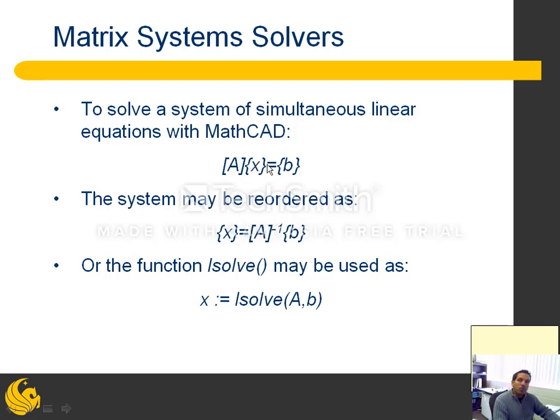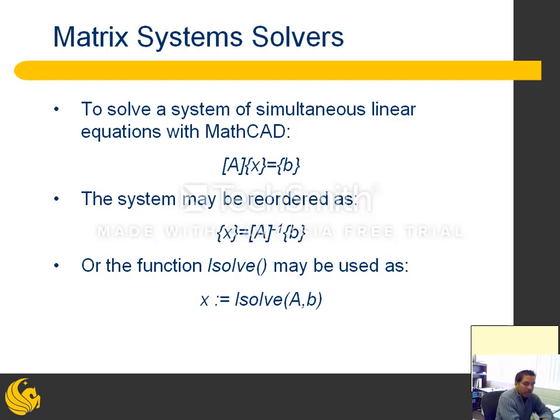It's what we want to determine out of that system of simultaneous equations. Remember that we can find the solution of a system of equations as x equal the inverse of A times B. We have another function in MathCAD called the LSolve function. We can say linear solve matrix A, comma vector B, and as long as the dimensions are consistent, meaning that B is a vector that has the same number of rows as the square matrix A, and that A is non-singular, then we'll get a solution X.